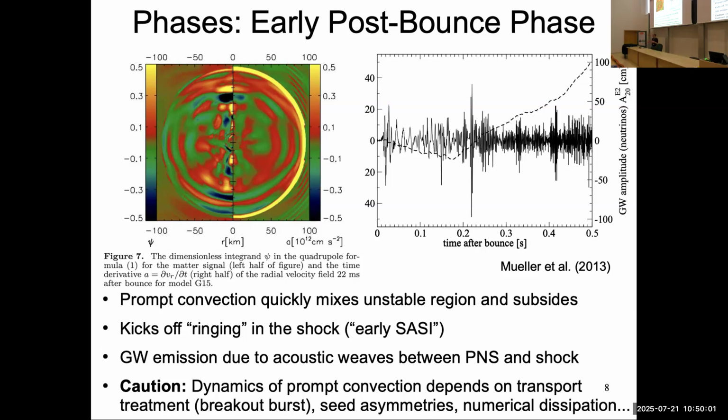Here it matters to some degree whether you do your simulations in full relativity or not. So if you're after something like the prompt convection signal, the details of the simulations will matter very much.